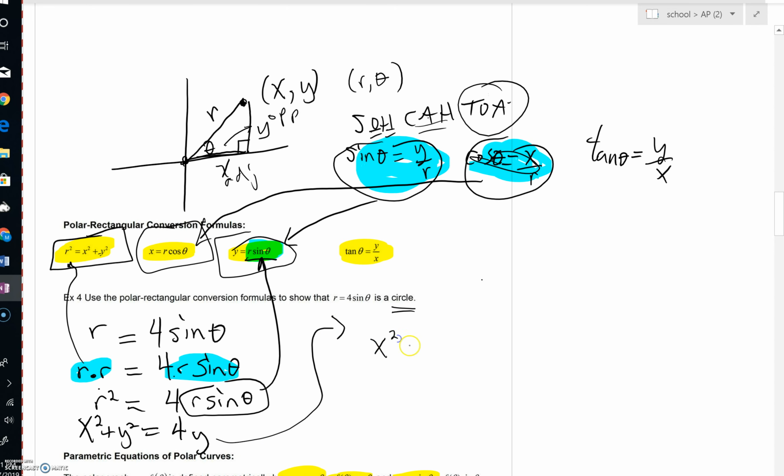We still might be wrestling with, is this a circle? Tell you what, we'll subtract a 4y from both sides. And you might remember completing the square. We could very quickly take half of our linear term, half of the coefficient in front of an x to the first or a y to the first. Mr. Olson, if you had him, called this a magic box.